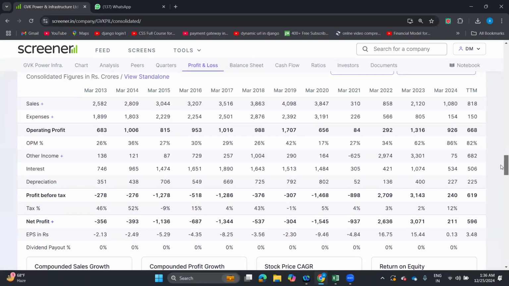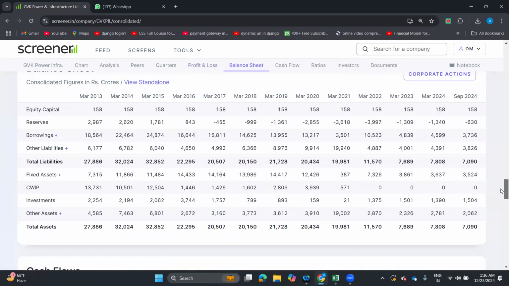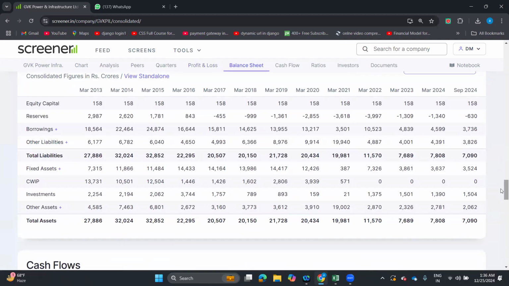Now if we look at its balance sheet, their borrowing has gone down gradually from 13,000 crore in March 20 to 3,500 crore in March 21. Afterwards, it again went up to 10,500 crore in March 22. And afterwards, again, it has gone down from 10,500 to 4,800, 4,600, now 3,736 crore. Still, some significantly large borrowings are there.